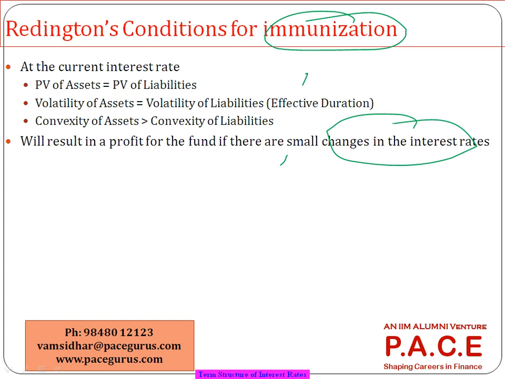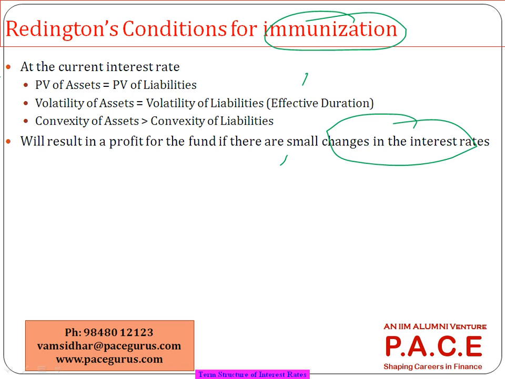If the interest rate changes slightly, there are two things. One, I should not be heading into a loss. Two, if possible, there is scope for making some profit. That is where we are talking about our portfolio being immunized.